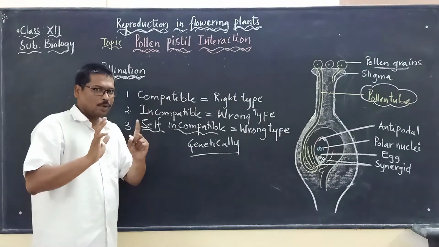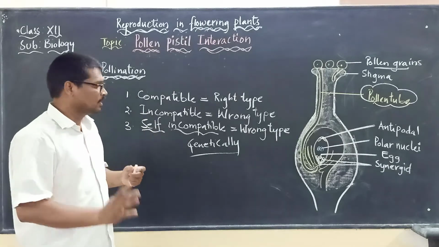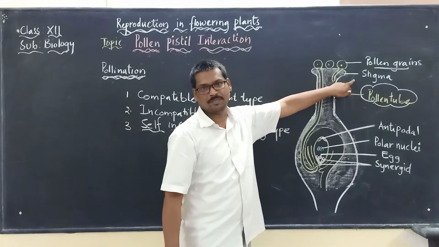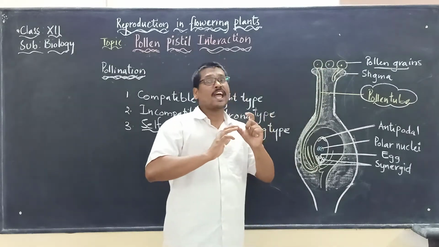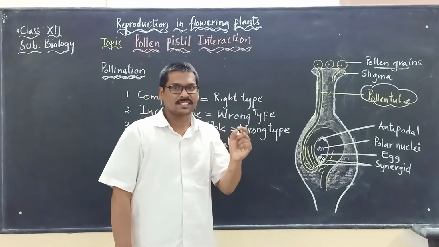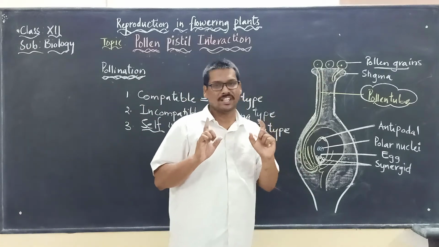So here we should remember there are chances that different types of pollen grains will be falling on the stigma. That's why we say that all the pollen grains transferred onto the stigma do not guarantee pollination.